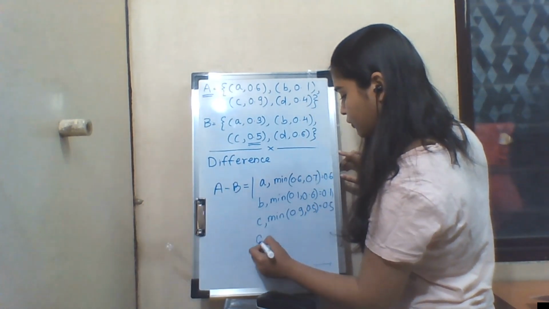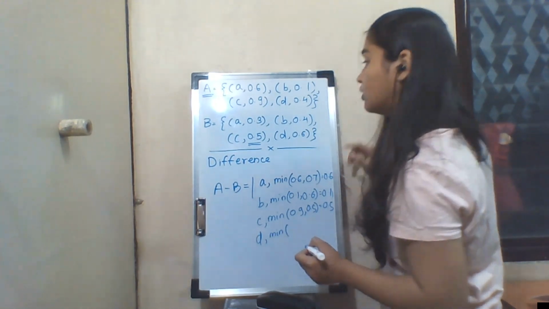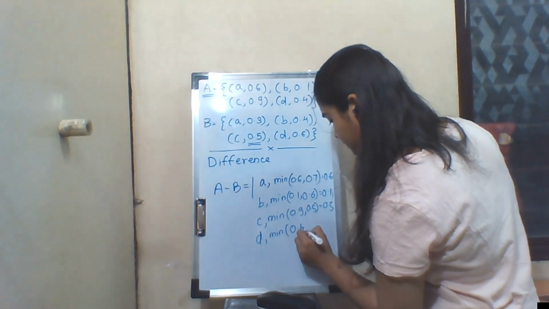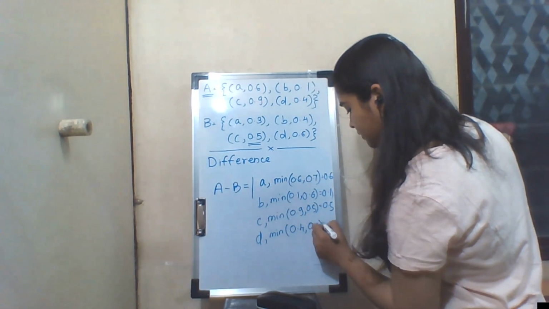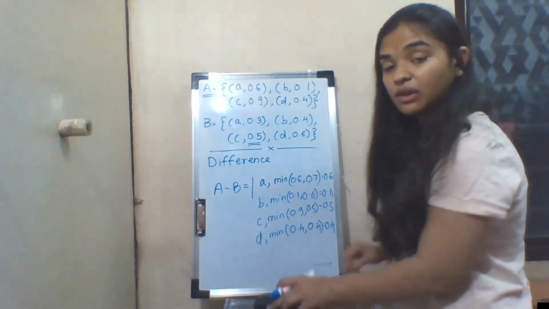For D, the minimum of 0.4 and 1 minus 0.6, which is 0.4. So we take 0.4.